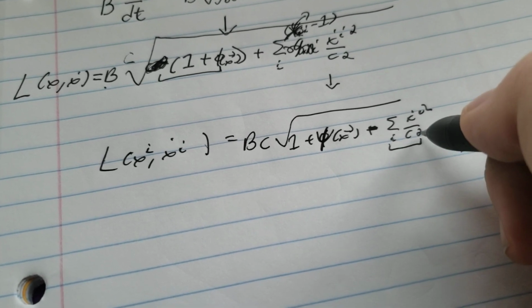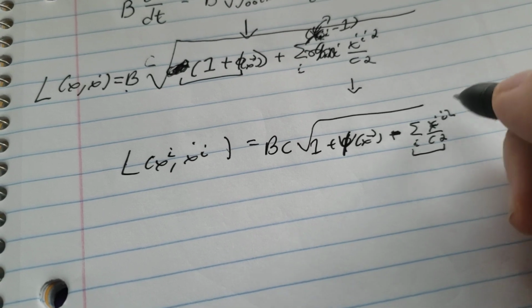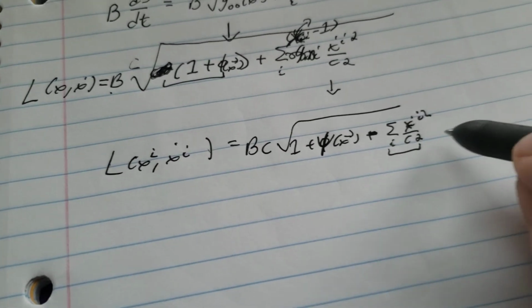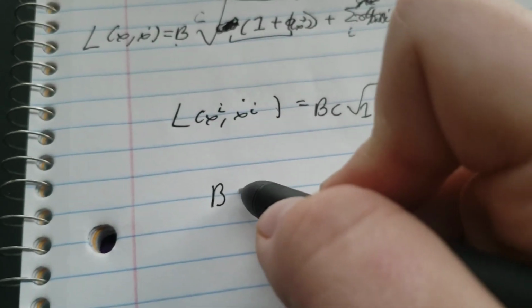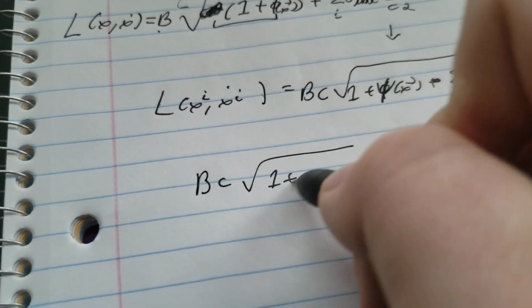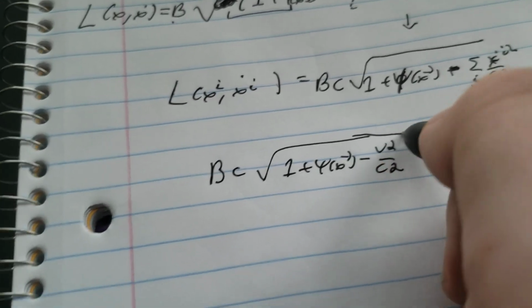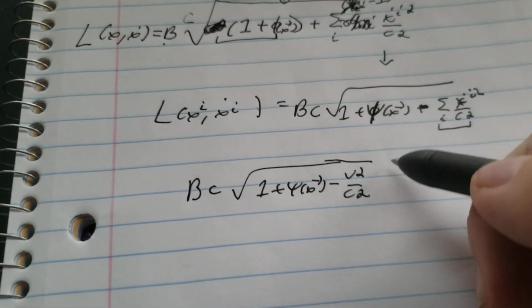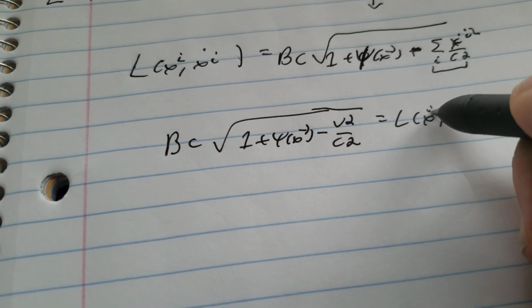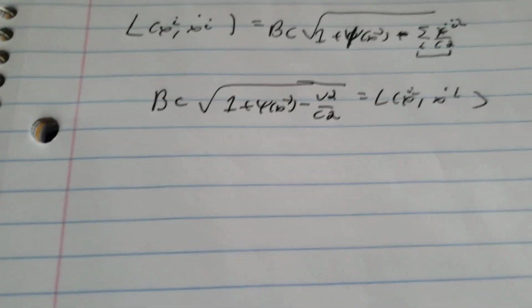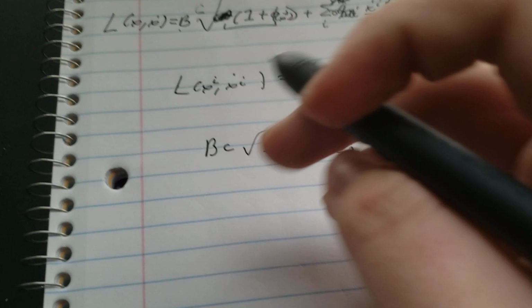When you perform the sum over x dot i squared, we're just going to say that that is the magnitude of the velocity vector.